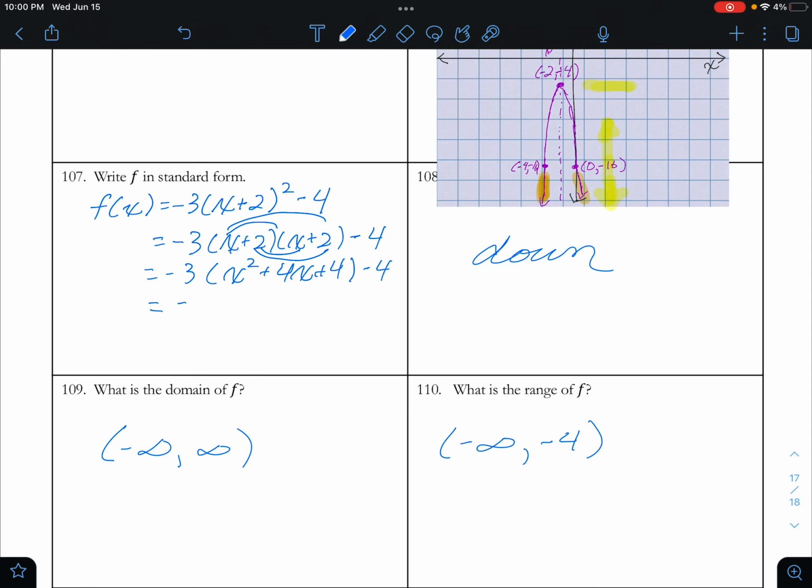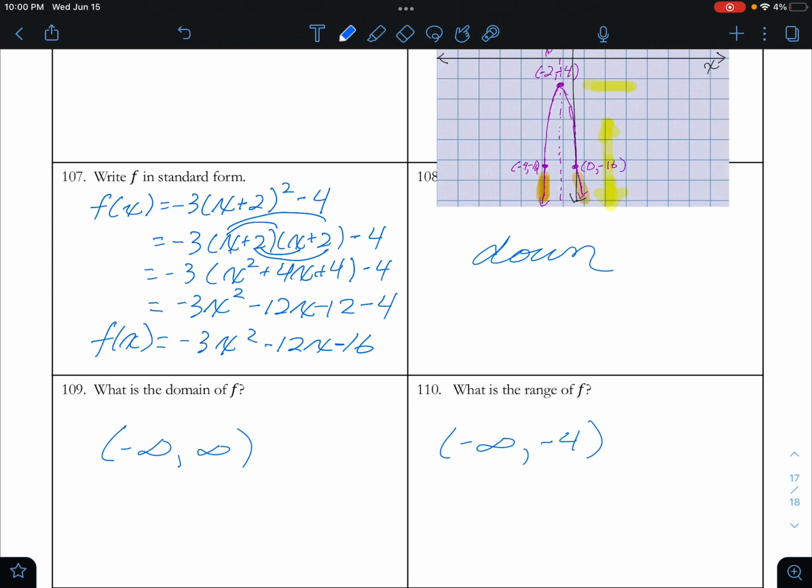Now I have to expand out the -3, so we have -3x squared plus 3x squared minus 12x minus 12 minus 4. That gives me the final answer of -3x squared minus 12x minus 16. That is f of x, the function, in standard form.